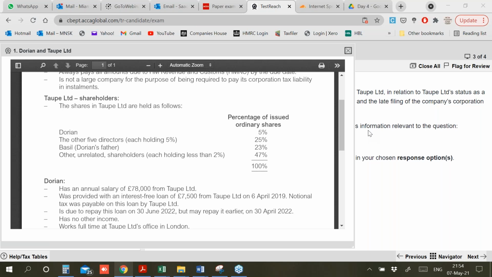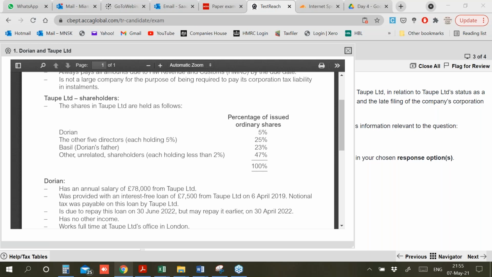Johannes, your answer is right, that his father, the directors, and he, if we add all of their ownership, these guys are controlling the company. So D and the father will be considered as single. That is 28%, 23% father and 5% D. Plus 25% other directors. So by this, our answer will be 53%.